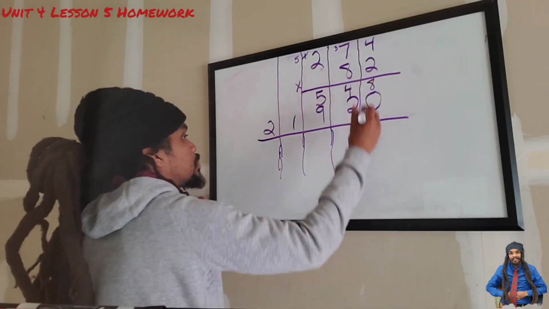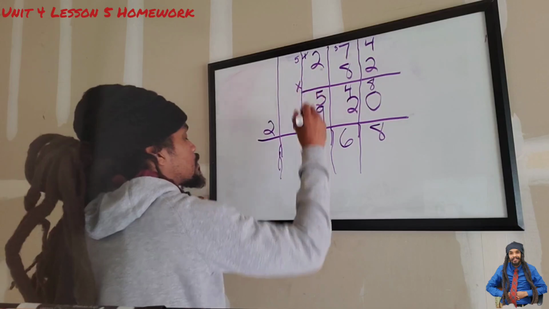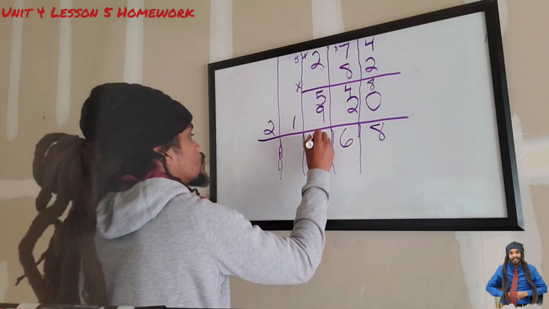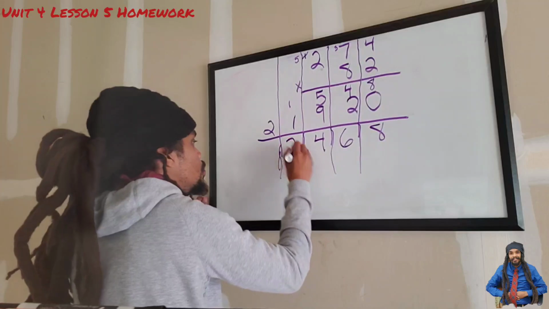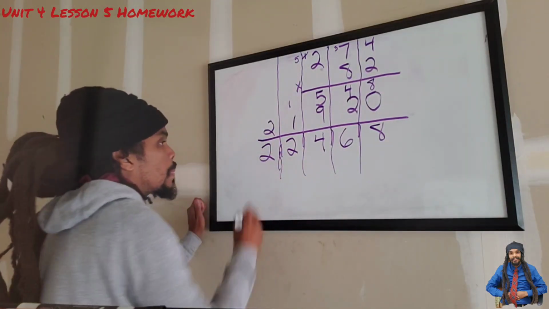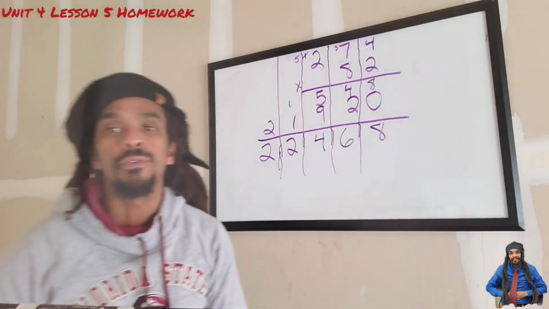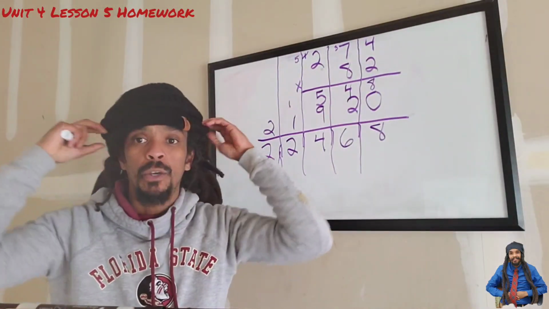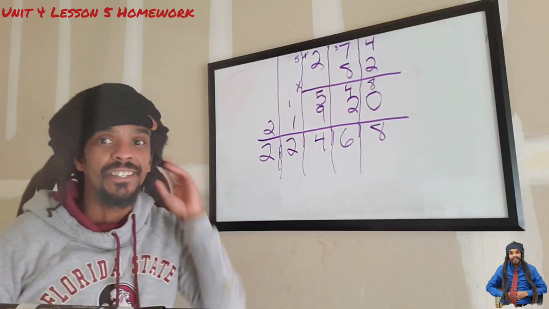Now straight up, 8 plus 0 is 8, 4 plus 2 is 6, 9 plus 5 is 14, drop your 4, raise your 1, 1 plus 1 is 2, and then you got your 2. So our answer is 22,468. All right, any questions? I still can't hear you.